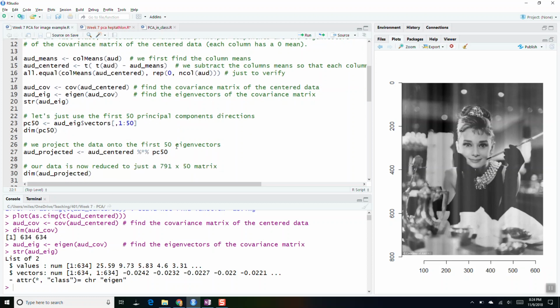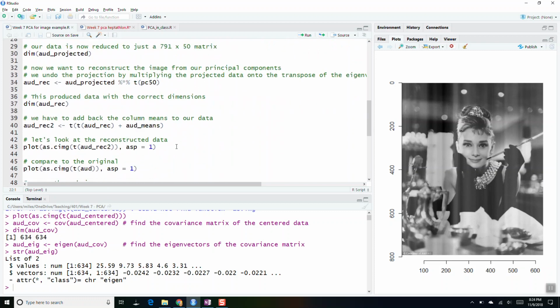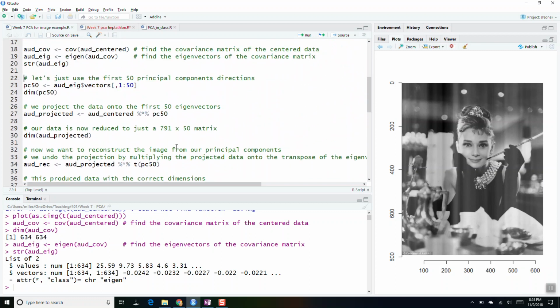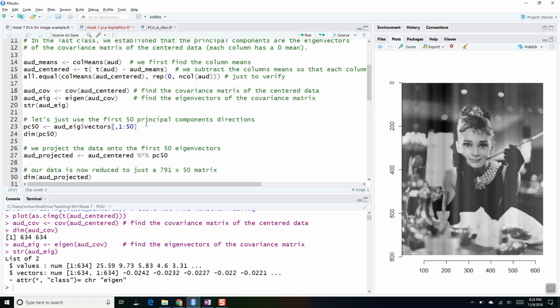So what I can do is say, you know what, I don't want all 634 principal components, okay? When I find all the eigenvectors, I have 634 resulting ones, and this would capture all the variance that's present in the original image. But I can say, I only want 50 of these, 50 out of 634, okay?